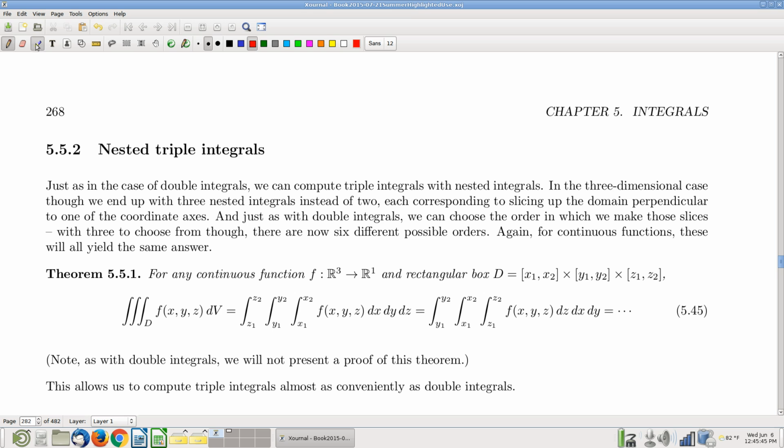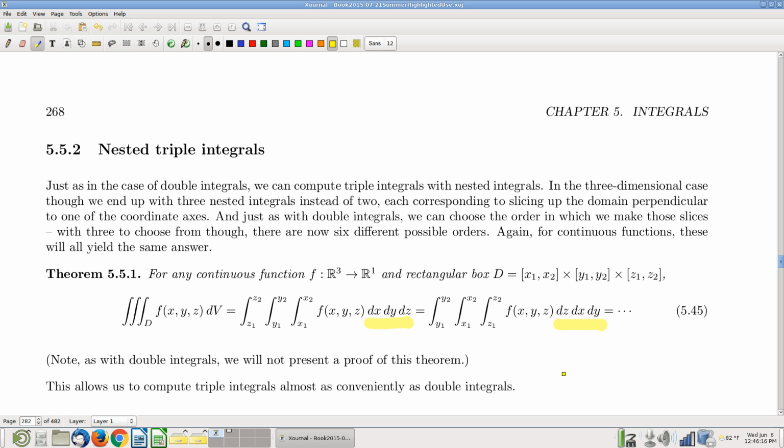By the way, notice, again, you can do the differentials in, I'm going to say, either order. Right? With double integrals, remember you could do this or that. You have your choices. There's two different ways to do it. Well, here's the thing. Now we have 3. And it's not just this or this. There's all possible different ways that you can order 3 things.